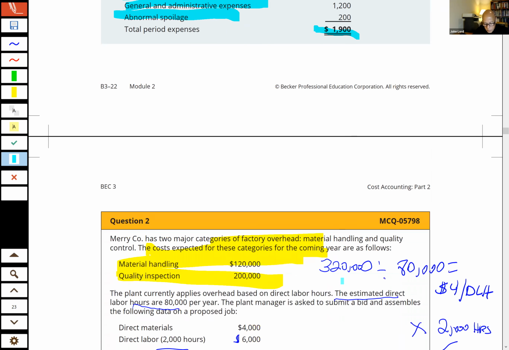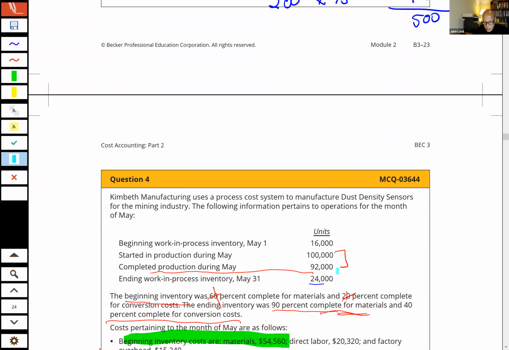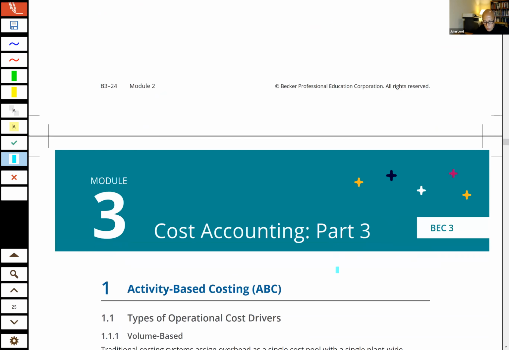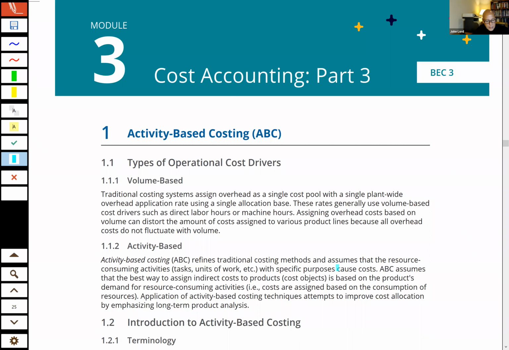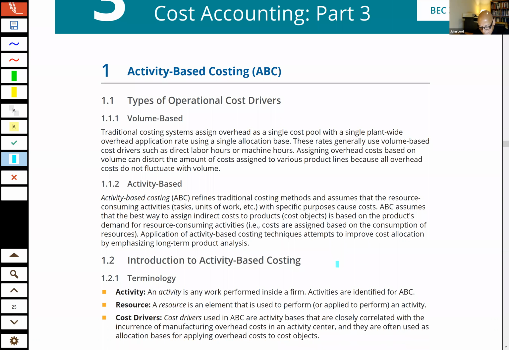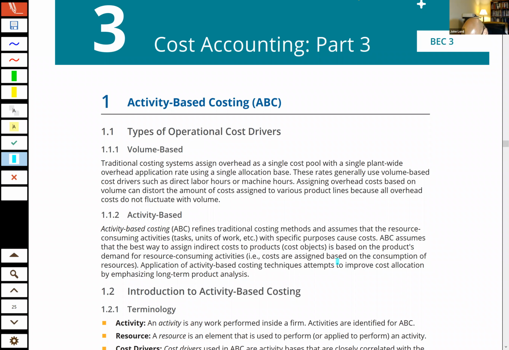Okay, all right, good. We've looked at all these, so let's turn our attention to module 3, and let's talk about something called activity-based costing. What activity-based costing does is this: if you have one estimated cost of your overhead and one driver, you may distort your predetermined overhead rate, because different jobs and different products use different resources at different levels of activity.